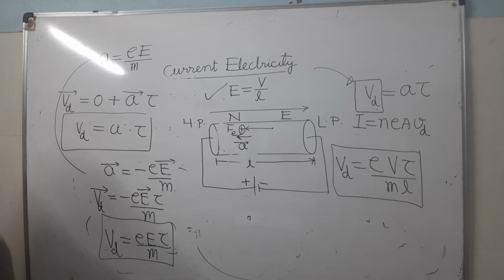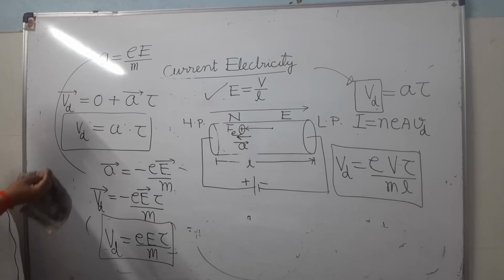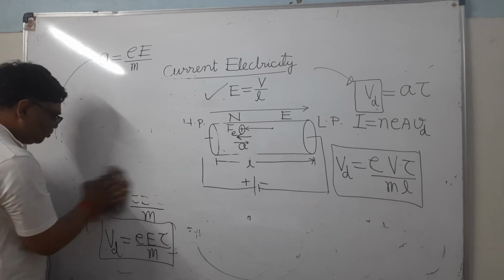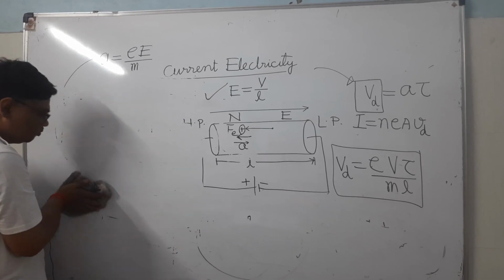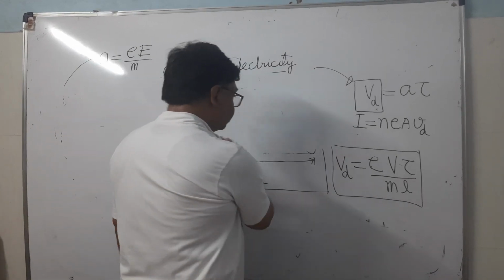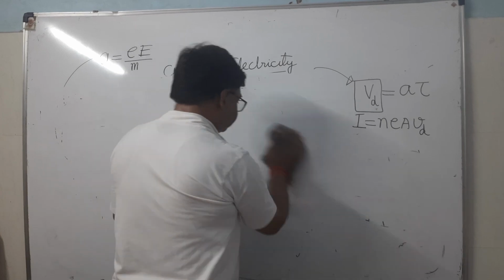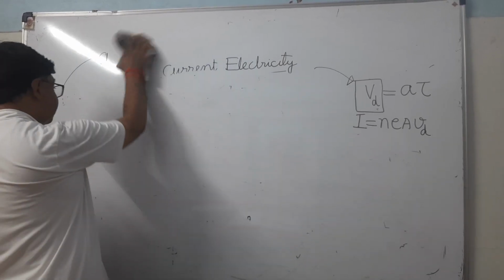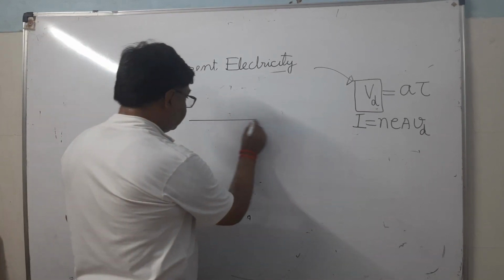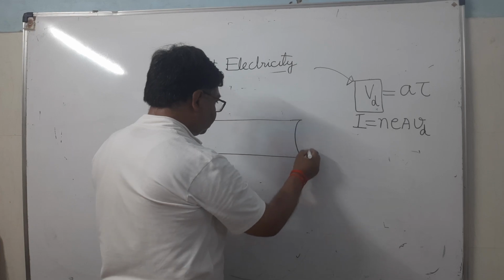Now after this we will deduce the expression for electric current, I equals to n e A Vd. We will deduce this expression. You can see here, suppose this is a conductor of uniform cross section.